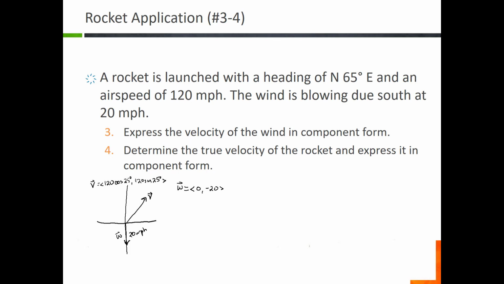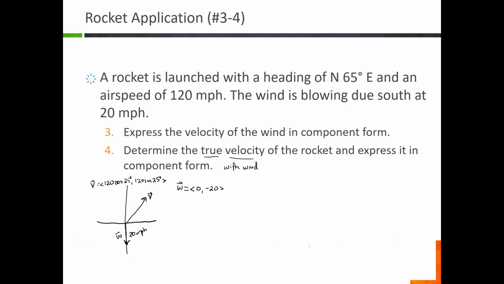So the next question is, we want to determine the true velocity. What we mean by true velocity is we want to find the velocity of the rocket, this time with the wind. Where is the rocket actually going to travel with the wind pushing it south?